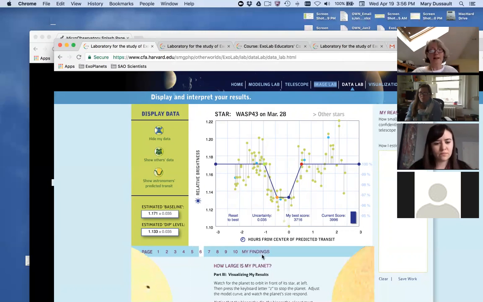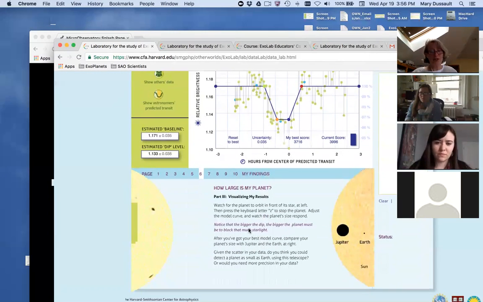Okay. And again, on page 6, Roy created this little animation that visualizes the size of your planet compared to its star. If you press Z, it'll stop.